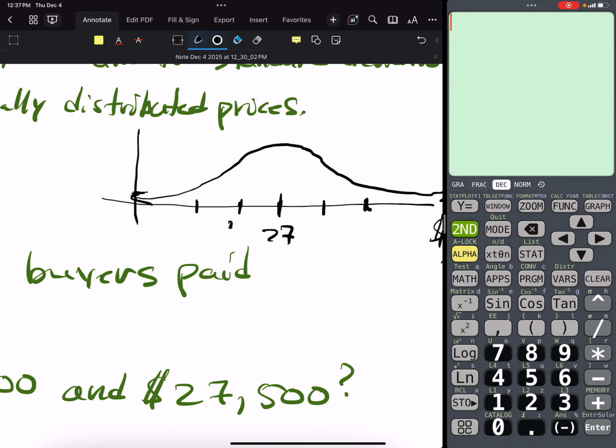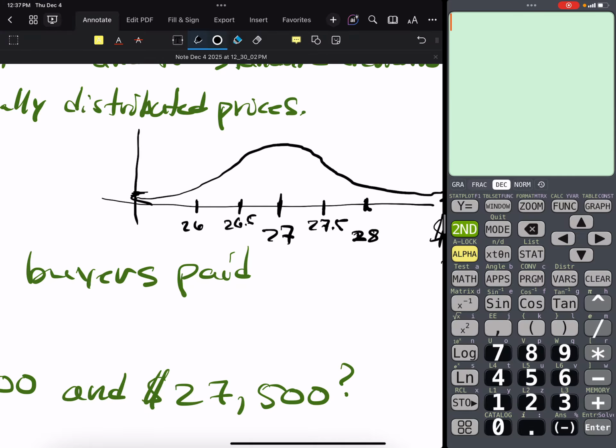That'll be my 27.5, that'll be my 26.5, and then 26, and then 27.5.